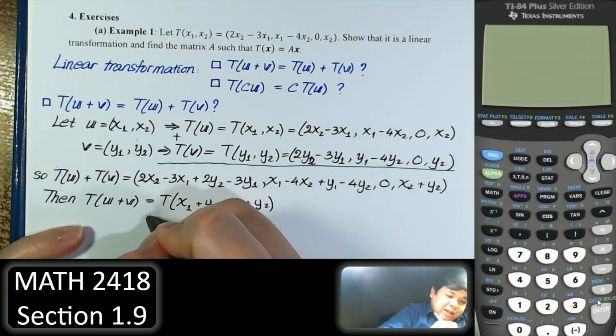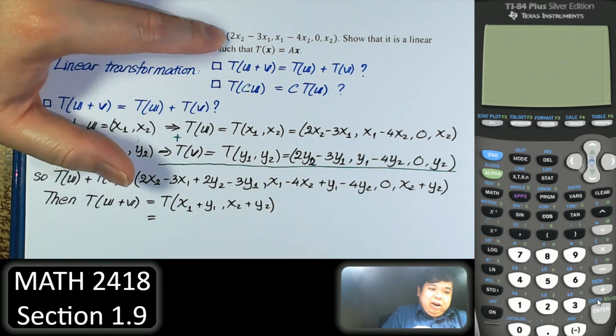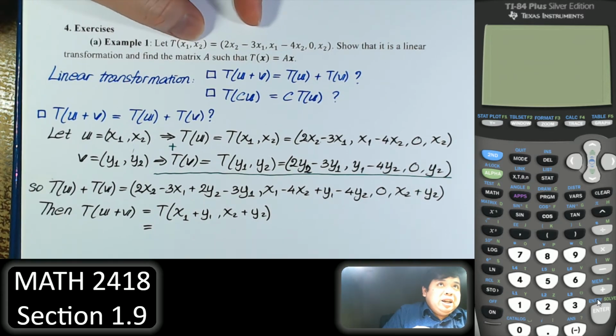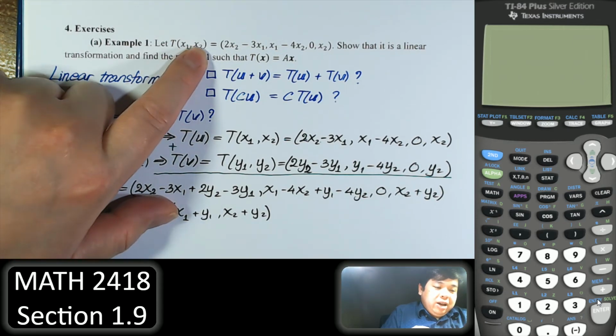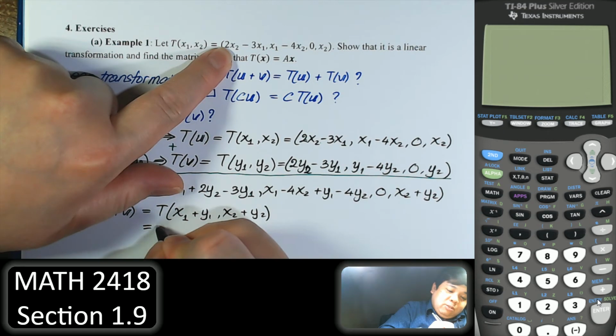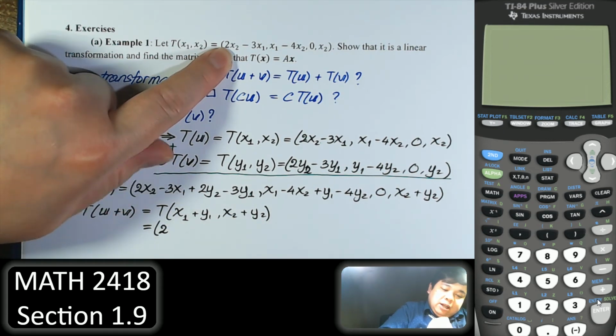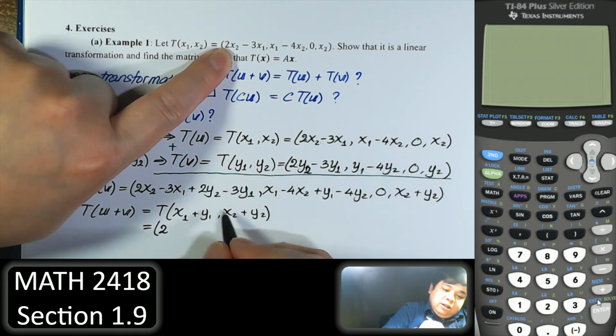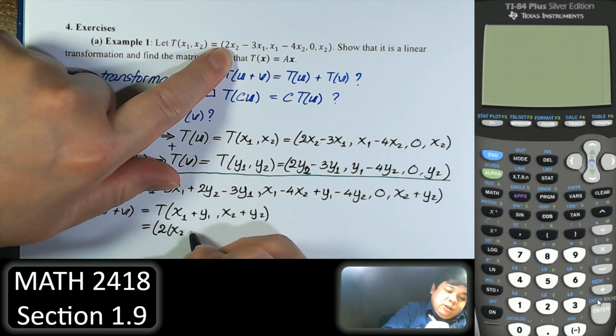Now, we have to look at the transformation here. It says x1, x2, first component, second component. It says 2 times the second component, x2 plus y2.